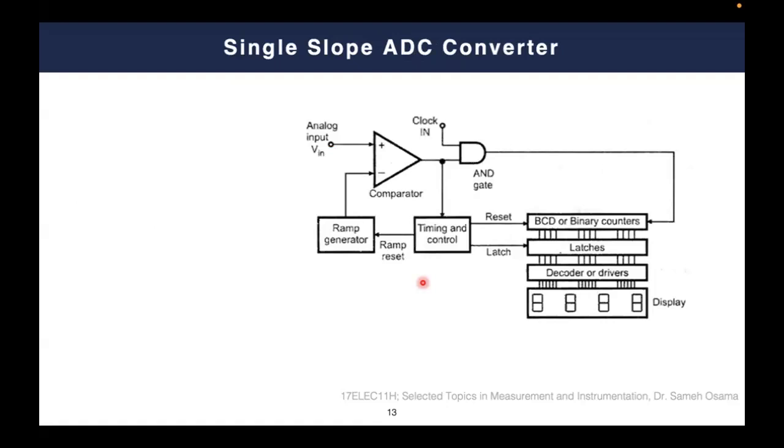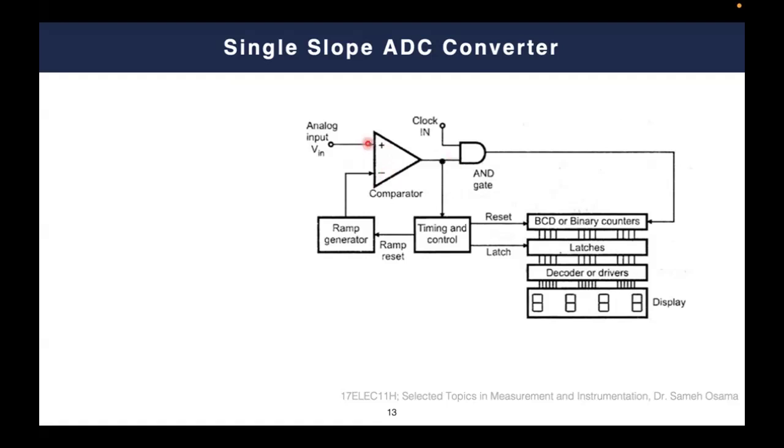A single slope ADC is simply a comparison between the input and a feedback signal coming from the counter, using a ramp signal. So you have a ramp signal here and you have a V input. Typically a comparator is a two-state device. When the V plus is greater than the V minus, the output is high.